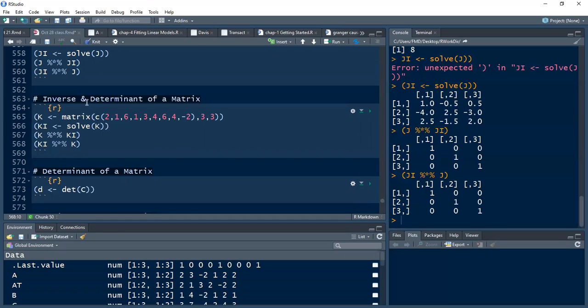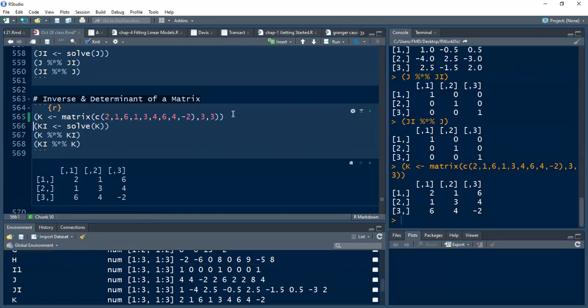So we're creating a matrix K. It's going down to 1, 6, 1, 3, 4, 6, 4, negative 2. It's a 3 by 3 matrix. So let's create this. So this is our K.